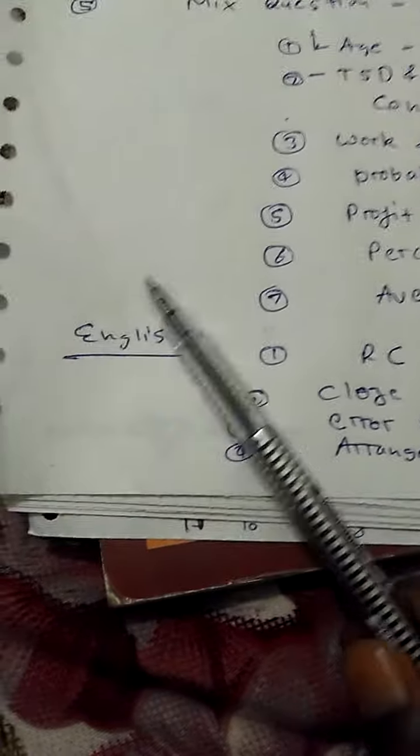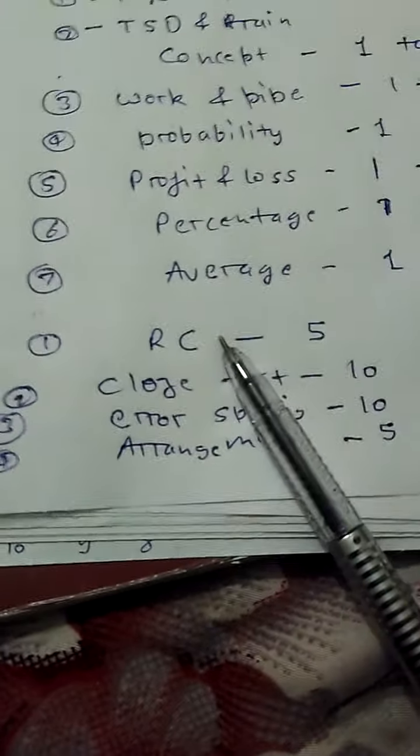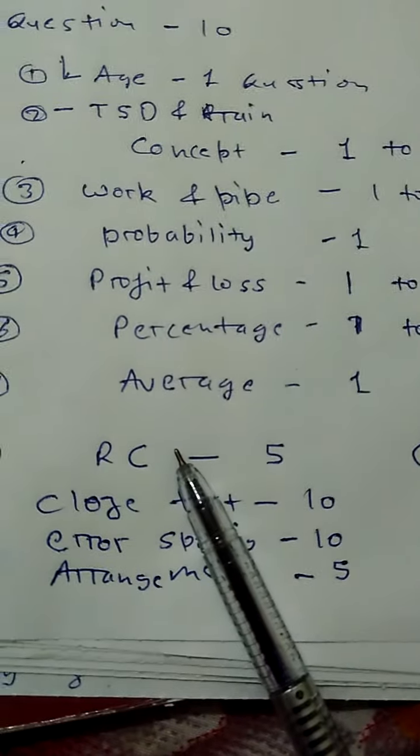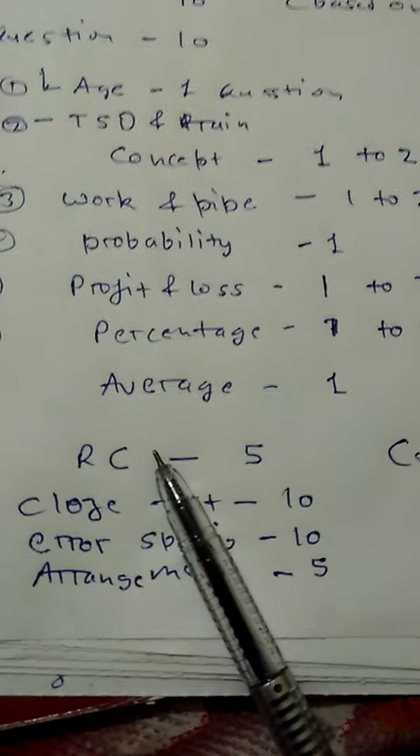The harder section of IBPS PO 2016 is English RC. In the previous paper, the RC had 10 questions, and you could easily solve 6, 7 or 8.